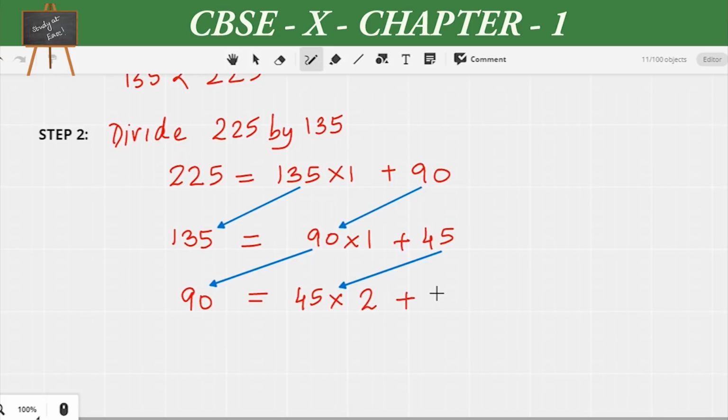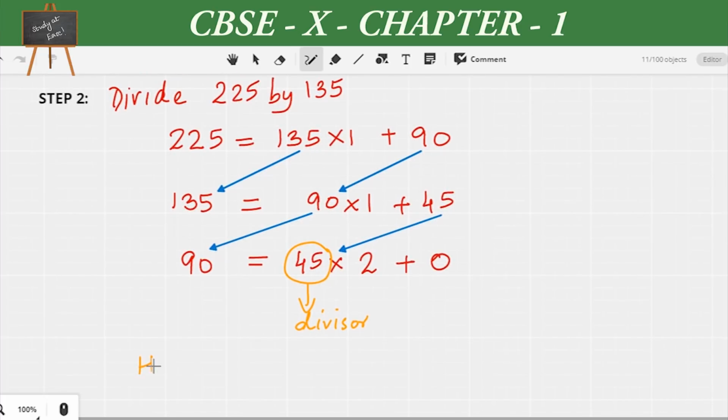As you see, in this case the remainder has become 0. So the last divisor is 45. Now we can see that the HCF of 225 and 135 is 45, which is the last divisor.